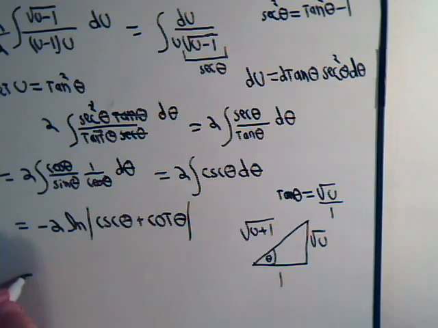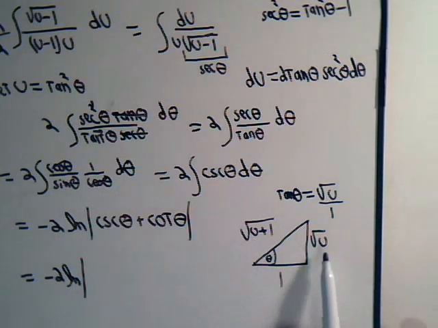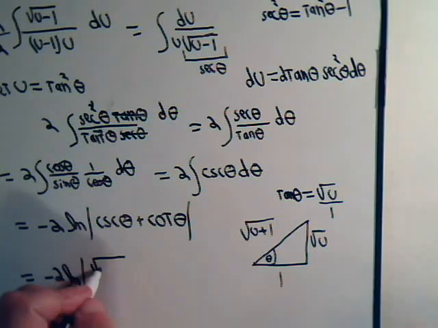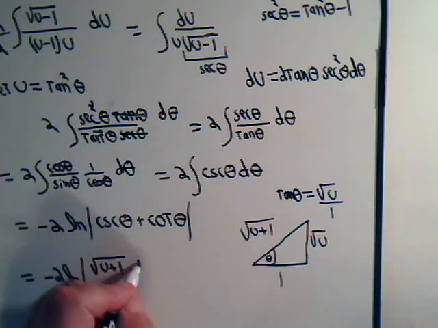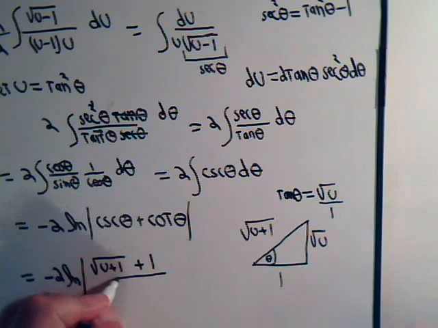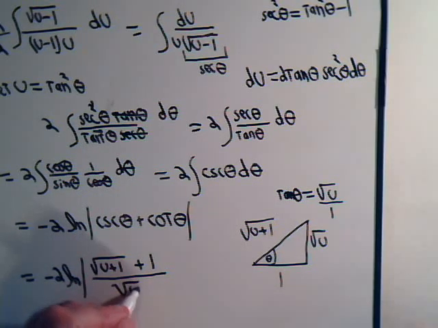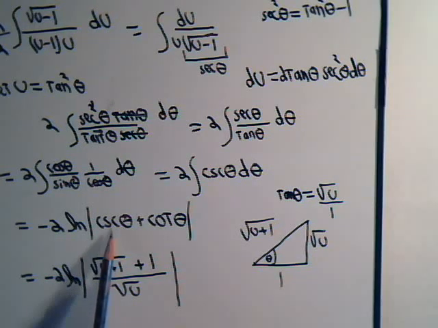So here, this will equal minus 2 times the natural log of the square root of u plus 1 divided by the square root of u, plus 1 divided by the square root of u. Divide through by this, you're going to have this, that's the cosecant, and this divided by the square root of u, that's the cotangent.